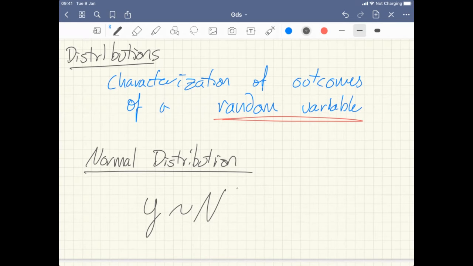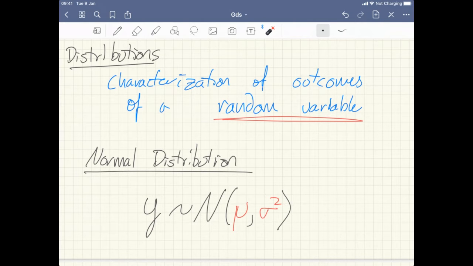So a normal distribution is characterized by two parameters, and you've seen this before. It's characterized by a mean, which is typically written as mu, and it's characterized by a dispersion, typically written as sigma, or sigma squared. What this tells us is that when we observe y, it's going to take values that are close to mu, and exactly how close is governed by sigma squared.